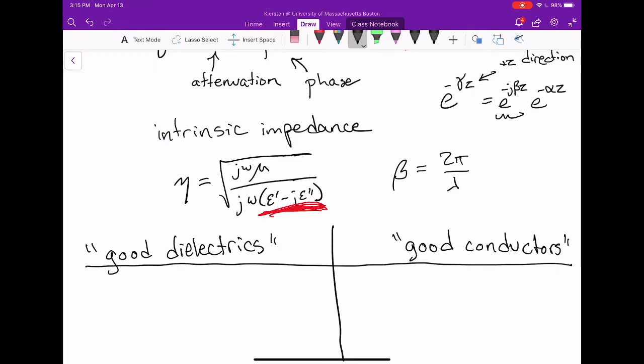And the condition for whether you have a good dielectric or a good conductor is the relationship of epsilon prime to epsilon double prime. If epsilon double prime over epsilon prime is much less than 1, you have a good dielectric. If epsilon double prime over epsilon prime is much greater than 1, you have a good conductor. And in general, the decision point is you want about a factor of 100.